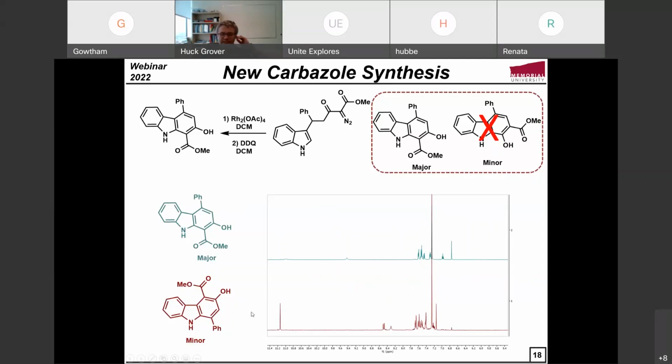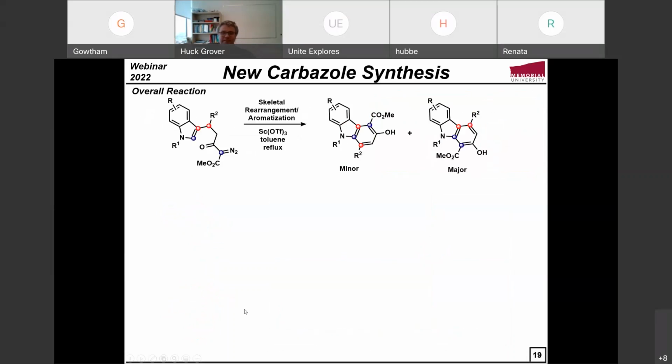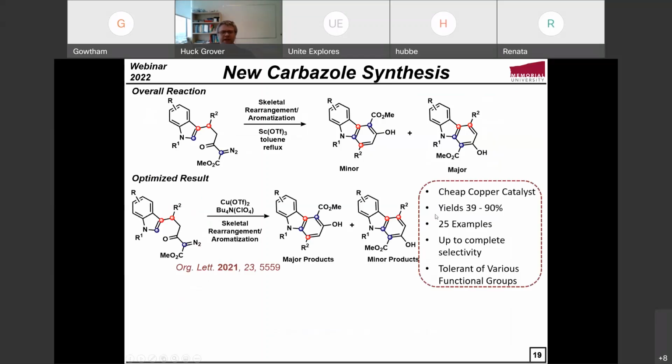So at this stage, I tasked Seema with developing this new skeletal rearrangement type process of these indole diazo compounds. What we initially started off with was the minor isomer, which we wanted to convert that rearranged product into the major isomer of the reaction.